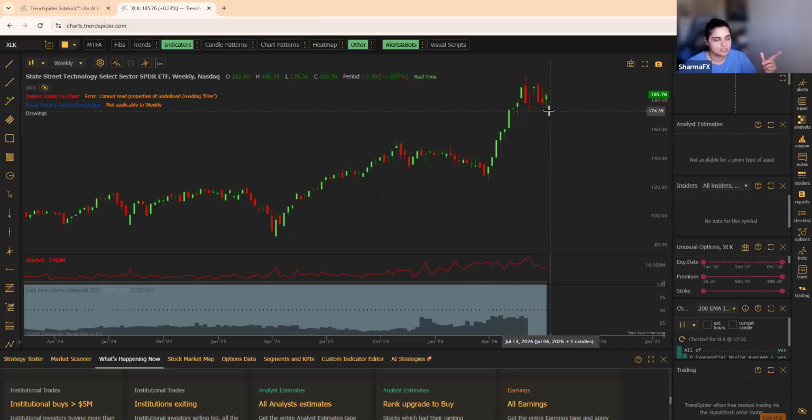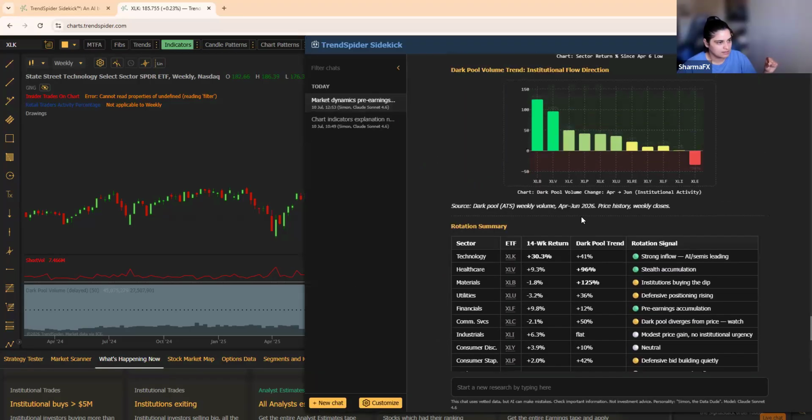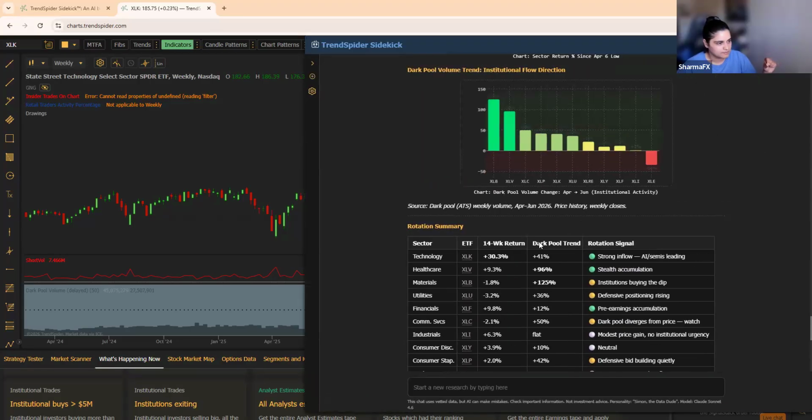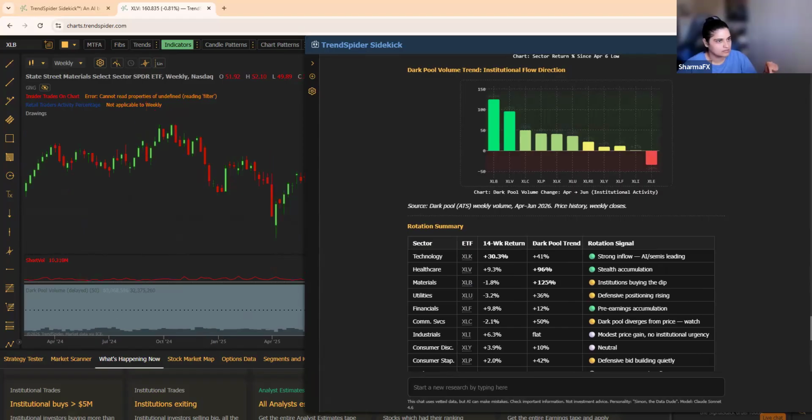From a price action perspective, we also do not have the retail side jumping in just yet, but you're already seeing the pre-positioning that's happening there. And then we have healthcare, which is stealth accumulation that's going on here with XLV, which is my healthcare ETF. Materials, institutions buying the dip at the moment.